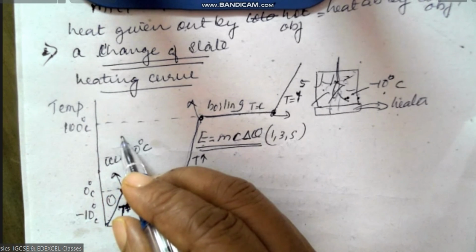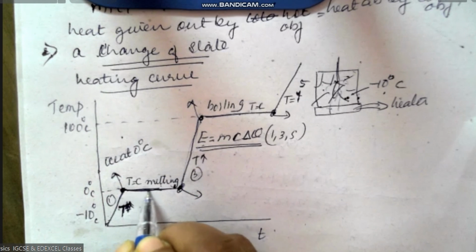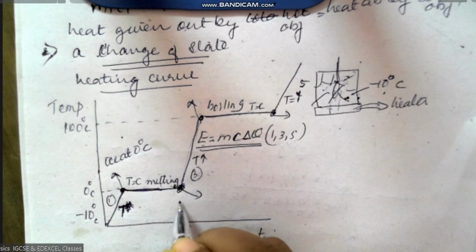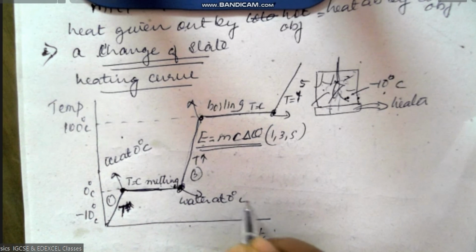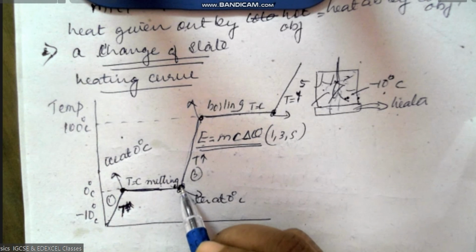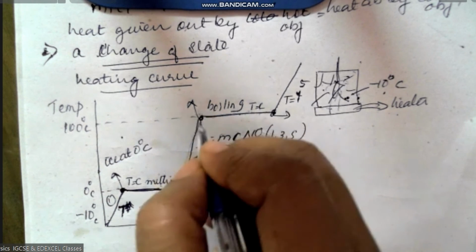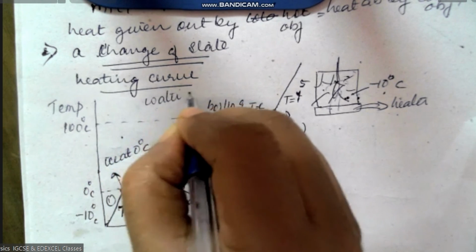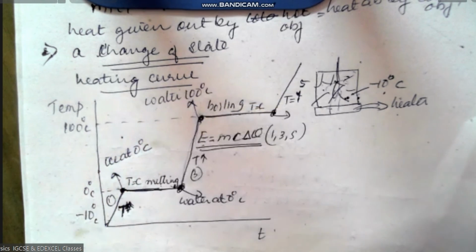Then here all the ice has turned to water, so water at 0 degrees Celsius. Now the temperature of water begins to increase until this point. Here we have water at 100 degrees Celsius.